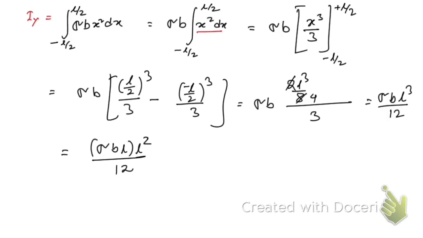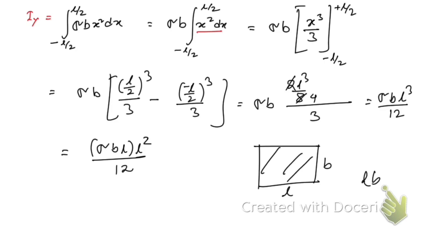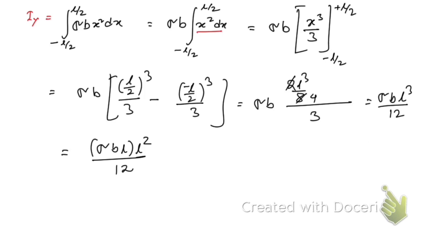Here the rectangular lamina we have considered, length is L, breadth is b, so area is L into b or b into L. And the mass per unit area is sigma, then sigma into L into b gives you the mass, right?